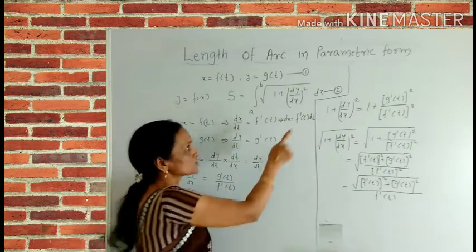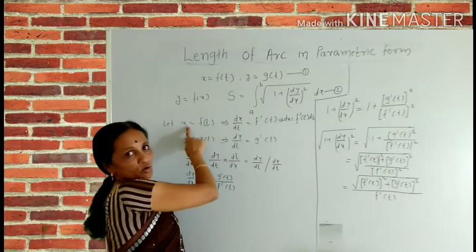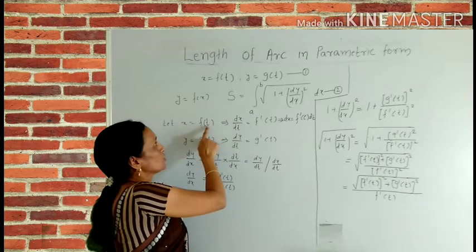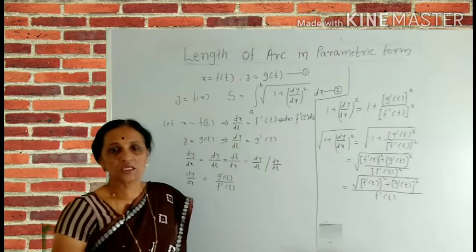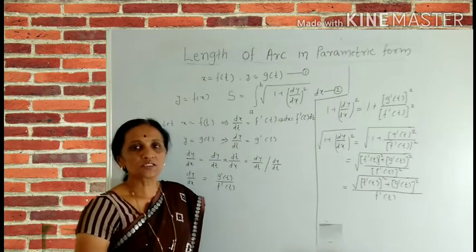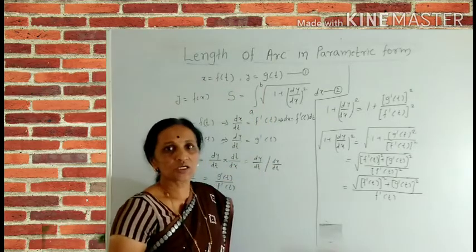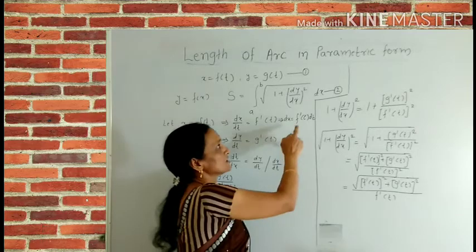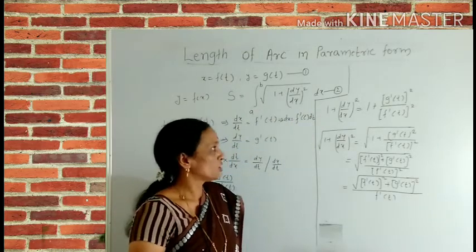And also, if x is equal to a, the first value of this parameter t is denoted by simply t1, and the upper value is t2, which are the values of your t parameter.